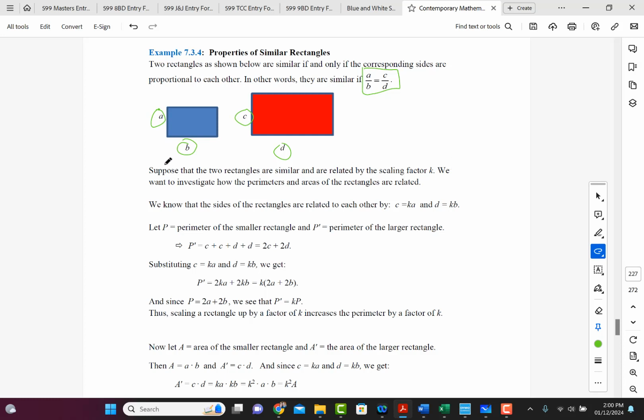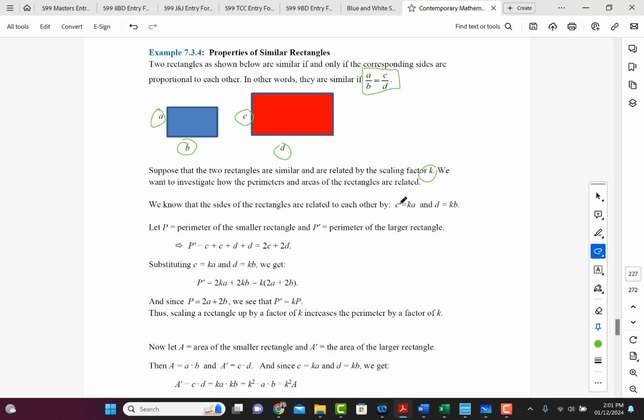Suppose the two rectangles are similar and are related by the scaling factor k. We want to investigate how the perimeters and areas of the rectangles are related in that case. We know that the sides of the rectangles are related to each other by a constant.